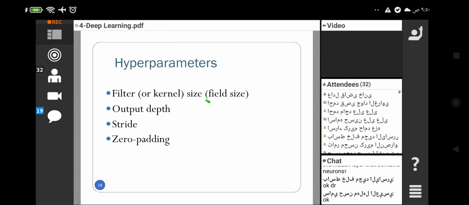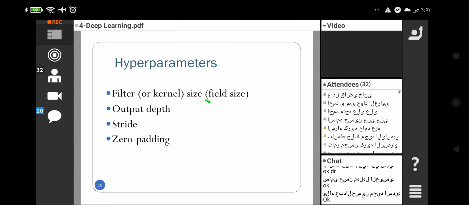For example, the size of the kernel is one of the parameters. It's called a hyperparameter.